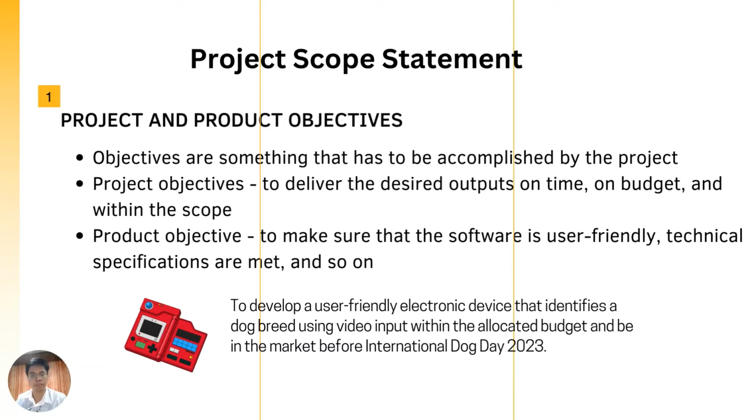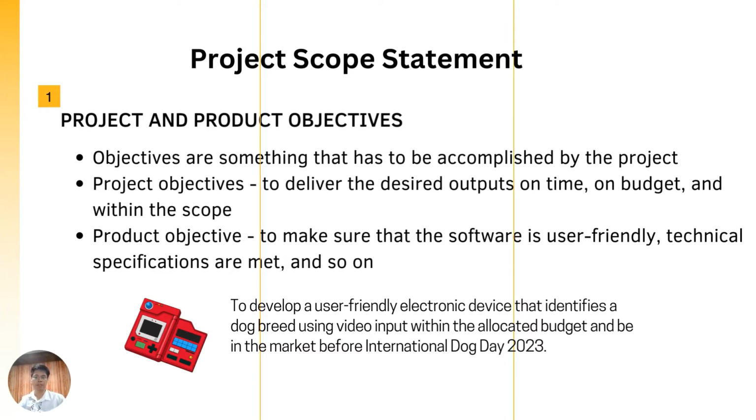A project objective would be items such as delivering the defined outputs on time, on budget, and within scope. On the other hand, a product objective, which is different from a project objective, would be to make sure that the software is user-friendly, that technical specifications are met, and so on.